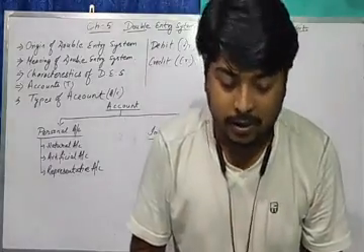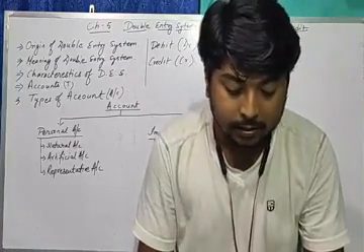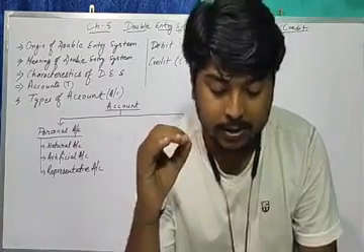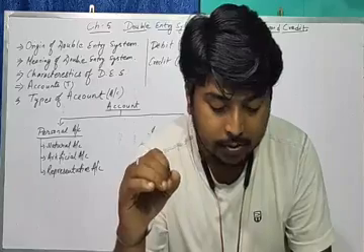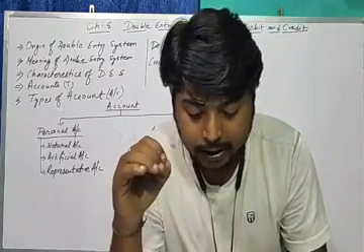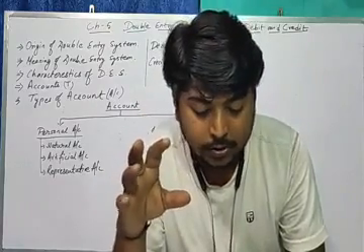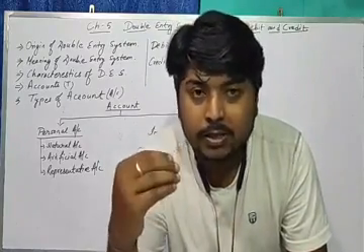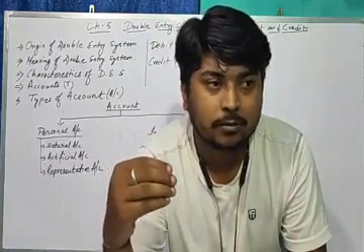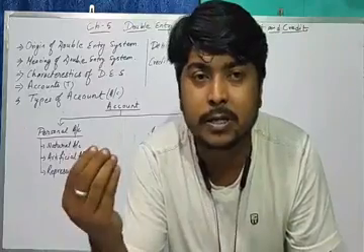Starting from the personal account, what does it mean? Accounts recording transactions related to a person or group of persons are known as personal accounts. These accounts are necessary in particular to record credit transactions. The name itself suggests it: personal means a person's account.